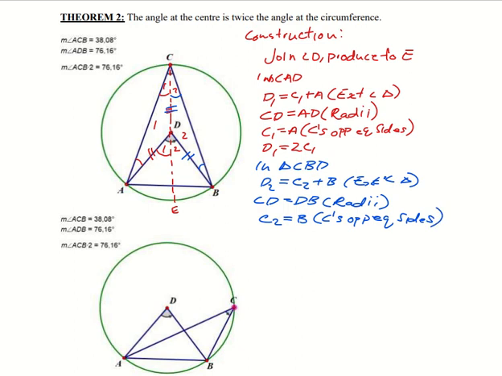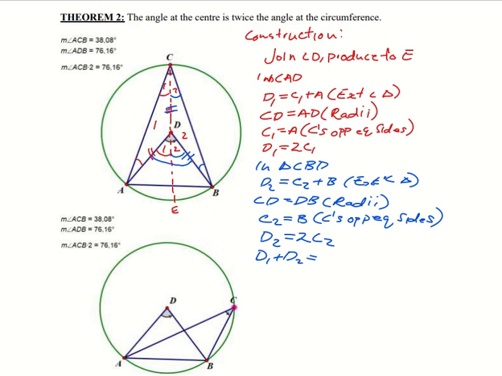So now D2 is equal to 2 times C2. If you look at the entire angle at the center, it is comprised of D1 plus D2.